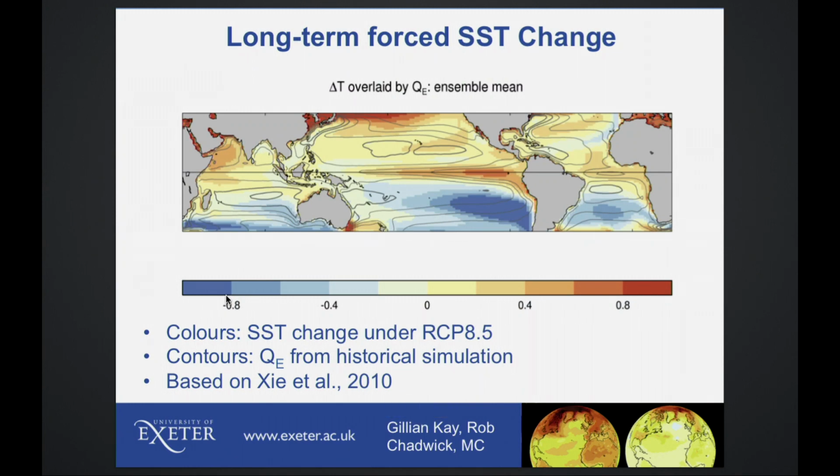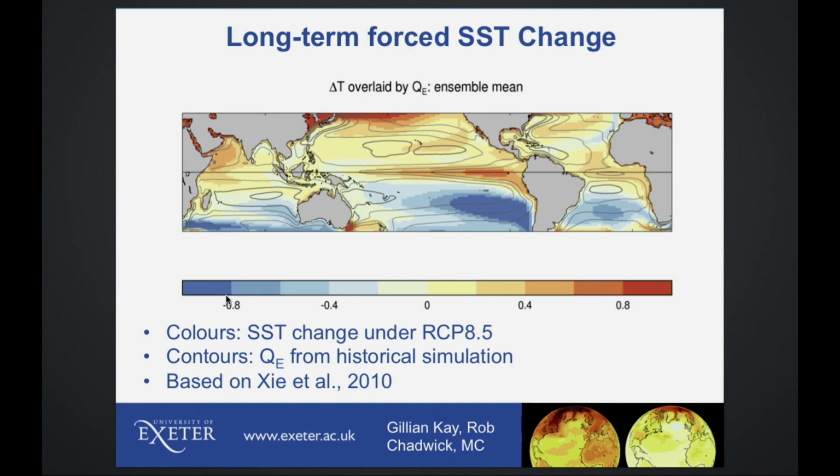And I think these biases, if we just go back one, this is based on Xiangpeng's paper. The contours, which I'm sure you can't see, are actually the climatological latent heat flux. So the climatological latent heat flux is a good predictor of the future pattern of SST change in the ensemble mean. Turns out it's not a good predictor of inter-ensemble variations.